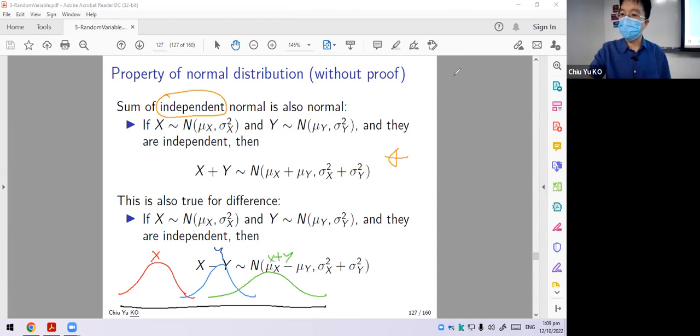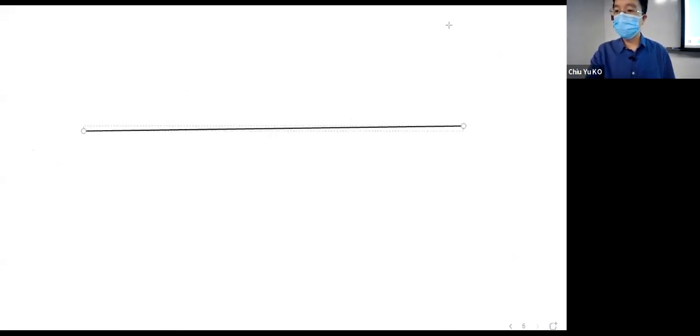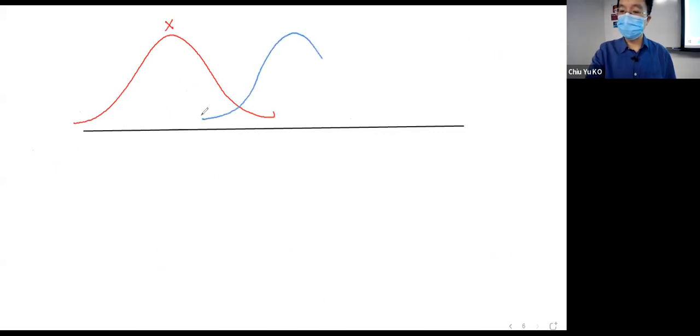Maybe I should just draw it on the whiteboard. Suppose we have this line here. We have an X that looks like this, and I have a blue Y that looks like this.